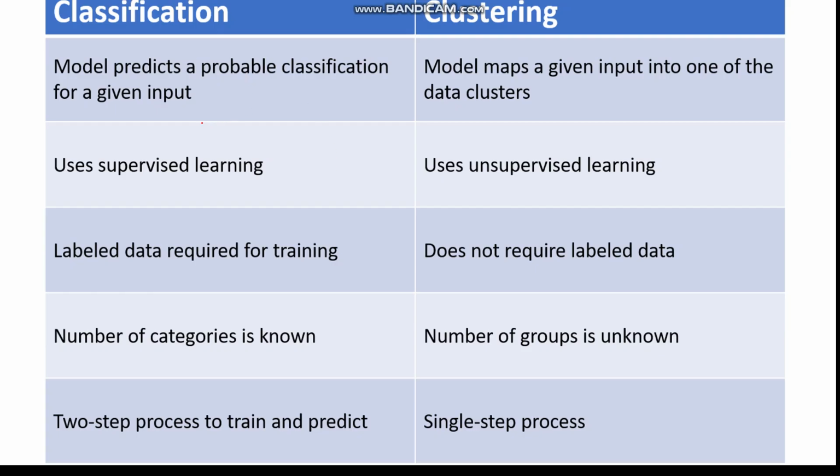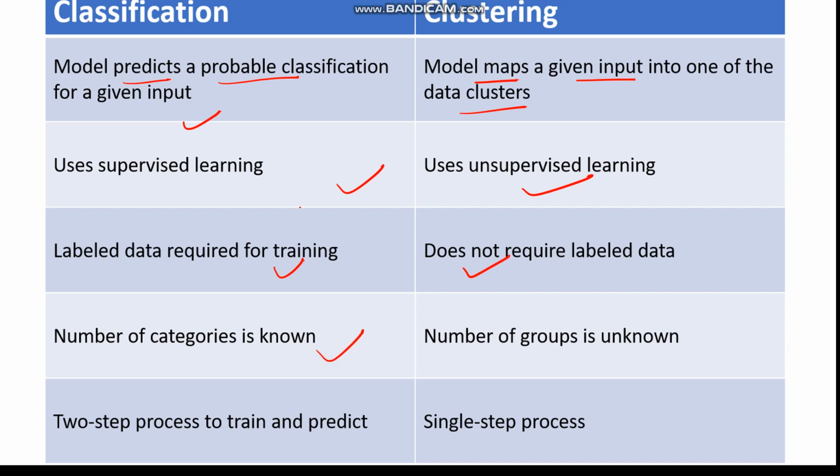We know that classification is a model that predicts a probable classification for a given input. On the other hand, a clustering model maps a given input into the data clusters. Classification uses supervised learning, whereas clustering uses unsupervised learning. Data is labeled in classification, and in clustering there is no labeling of data required.